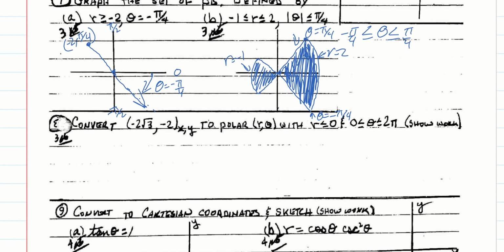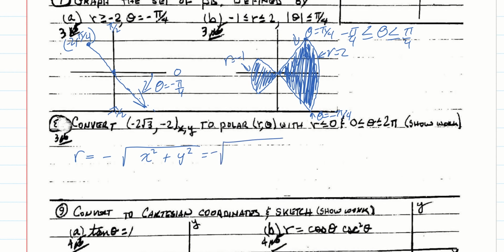So not too bad. Next one, we have to convert our xy coordinate into polar, with r being less than or equal to 0, so you have to have a negative r, and theta has to be between 0 and 2 pi. So r has to equal negative square root of your x squared component plus your y squared component.